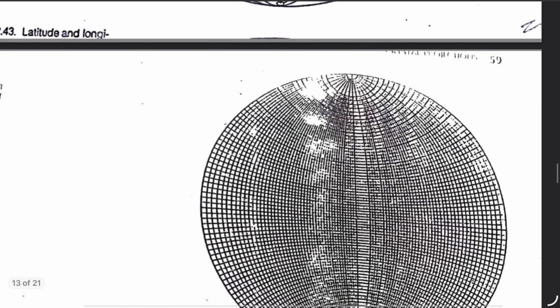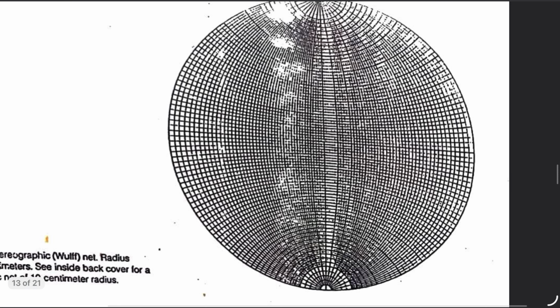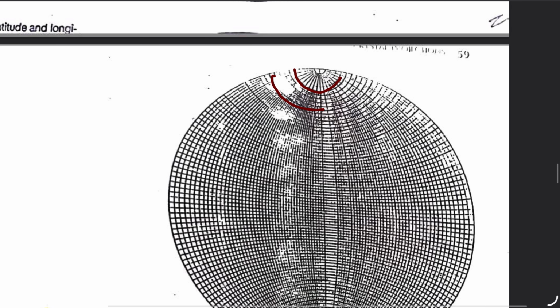We make use of the Wolf net for plotting the poles of the faces, using the interfacial angles, or the phi and rho angles. This is the Wolf net. We have these small circles, and the greater circle is the equator.